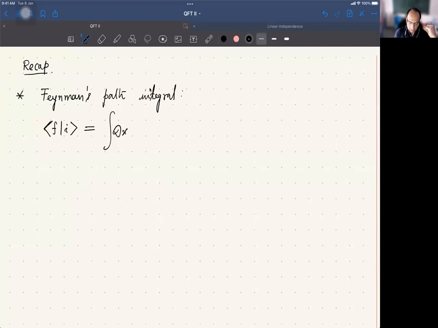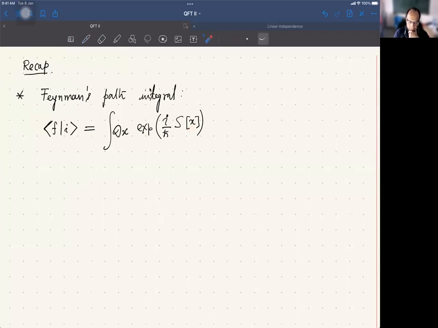This is given by this path integral, where you path integrate e to the power i by h bar times the functional S. While calculating S, S is the integral dt times the Lagrangian, which depends on these paths.